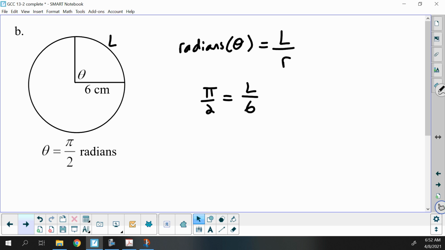If we cross multiply, we get 2L is equal to 6 pi. And if we divide by 2, we get L is equal to 3 pi centimeters. So it's not always going to be 3 pi. Okay, it's just coincidence they were both in this case. A and B's answers are actually completely different answers because one is in inches, one is in centimeters. But they do look similar.